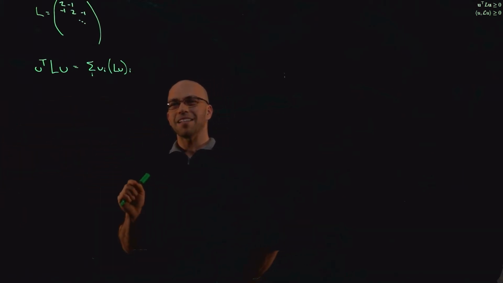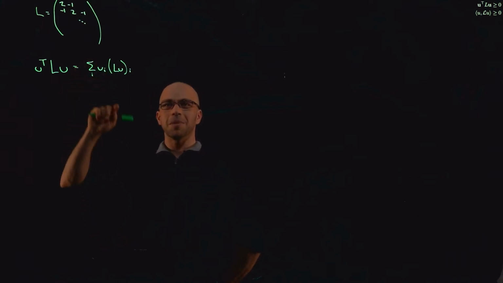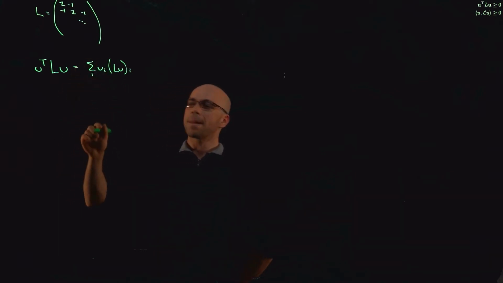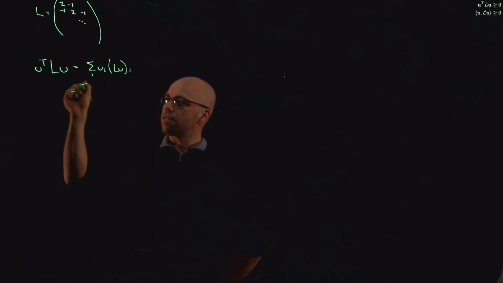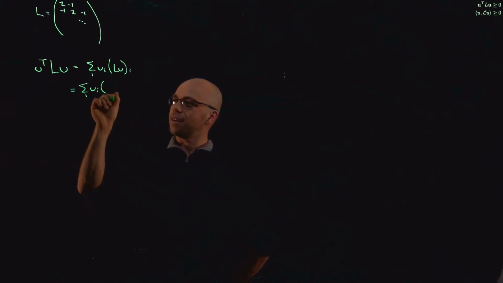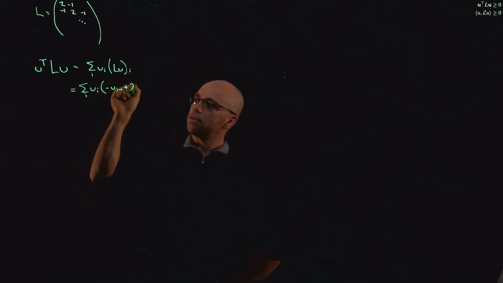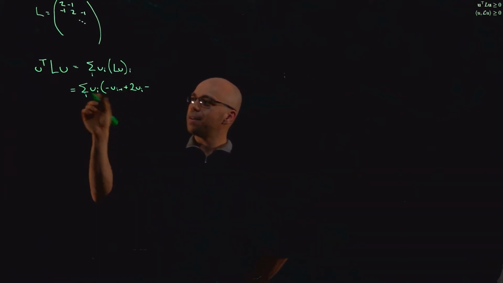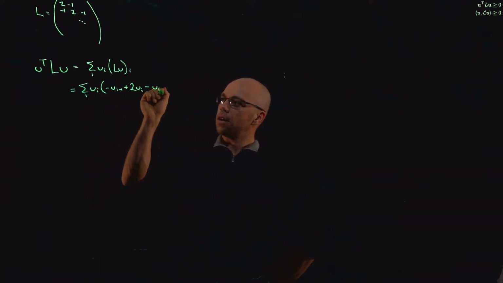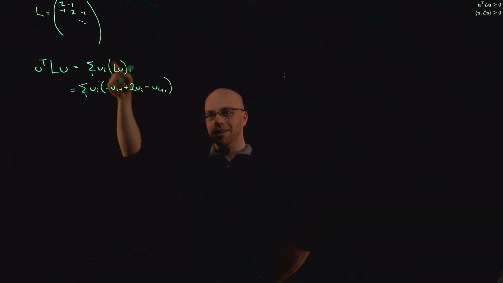That's my lazy way of avoiding needing extra terms at the beginning and end of the sum. So this is equal to the sum over i of Ui times, reading off of our matrix, minus Ui minus 1 plus 2Ui minus Ui plus 1. And that's just based on the form of our matrix as we've written it here.